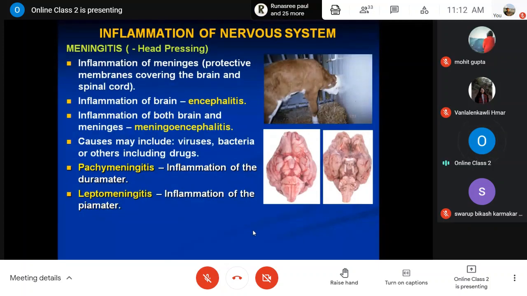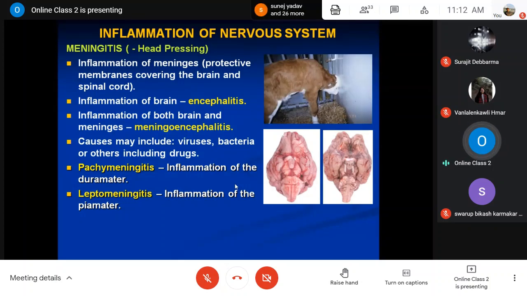Now, the first one is meningitis, a little bit of description about this. In animals, and in humans also, when there is an inflammatory reaction in the meninges, the protective membrane which covers the brain and the spinal cord as a whole, there is a lot of irritation to the affected animal.